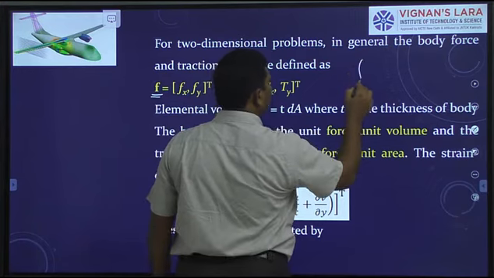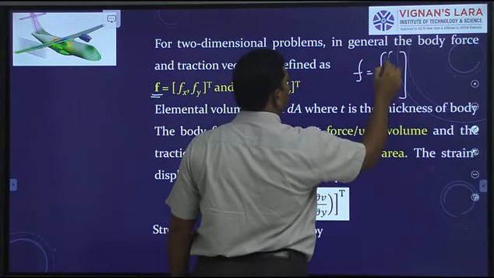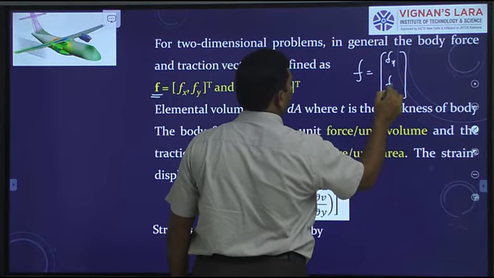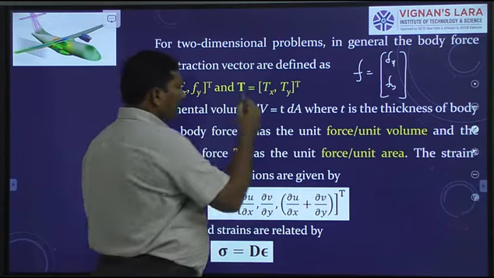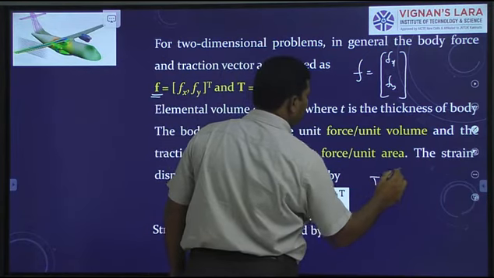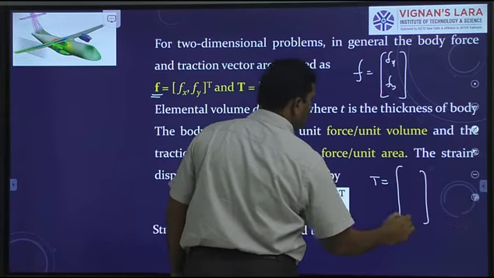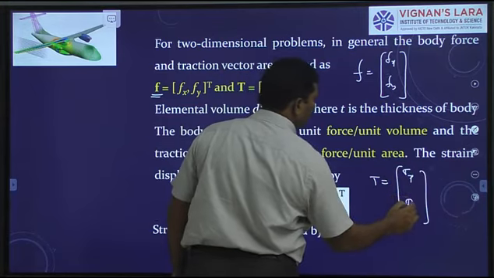Therefore, the body force vector F is a column matrix having the elements Fx and Fy. Now, the traction is denoted by capital T. The traction vector is also a column matrix having the elements Tx and Ty.